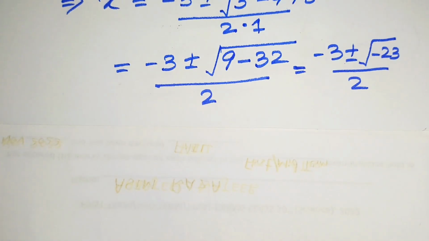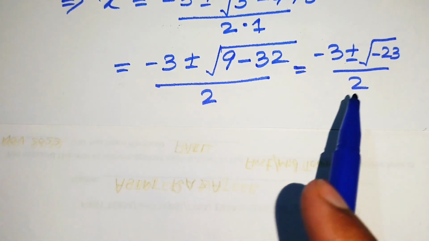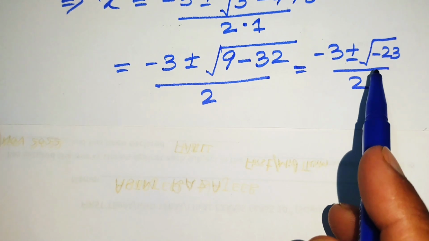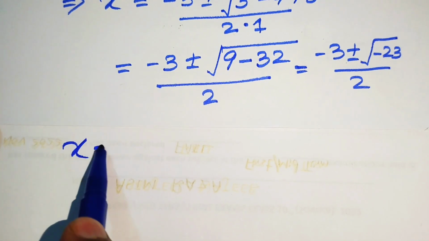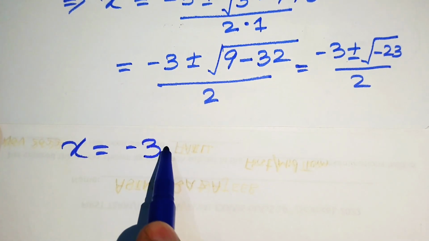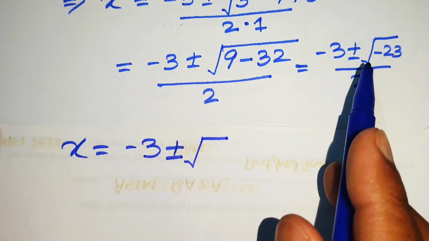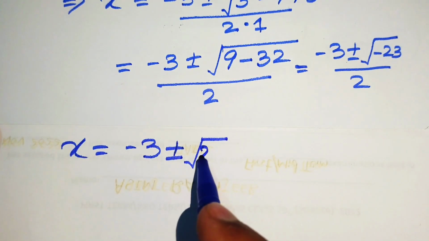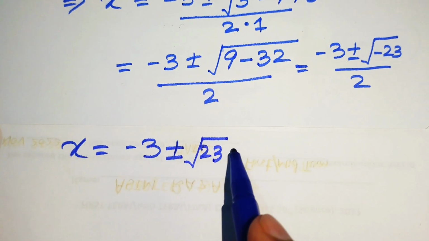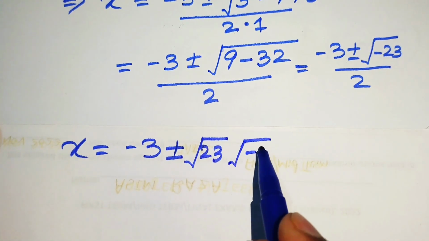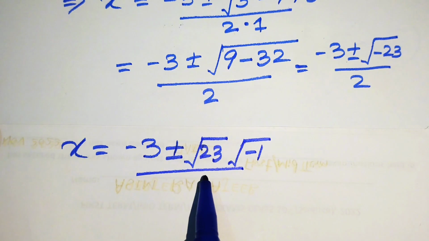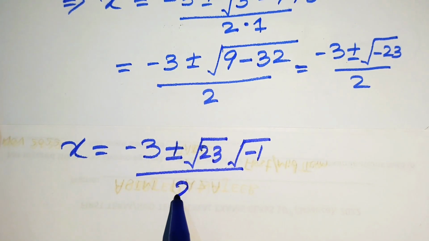Now you see that we have a negative sign inside the square root, so we write it in this form: minus 3 plus minus, we separate the negative term and the number 23, so we write it as square root of 23 times square root of minus 1, divided by 2.